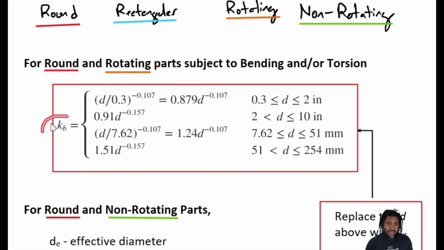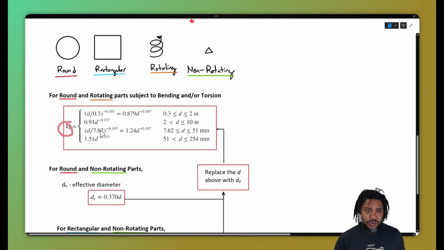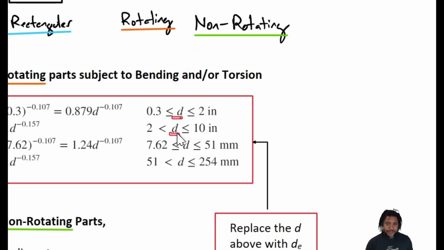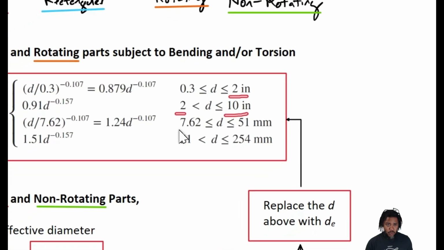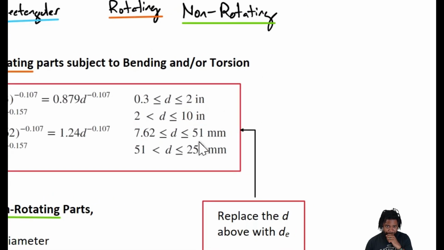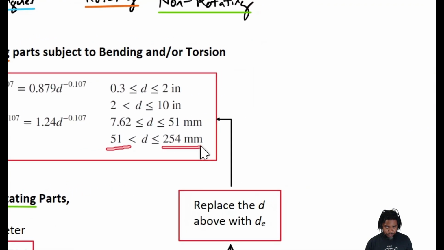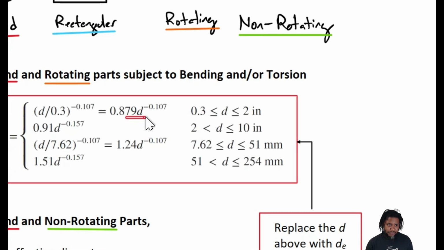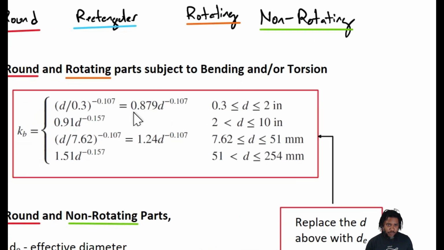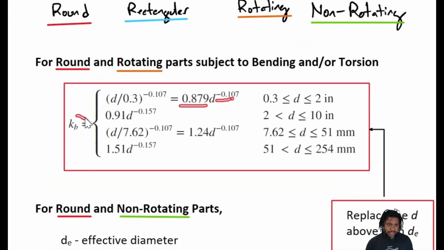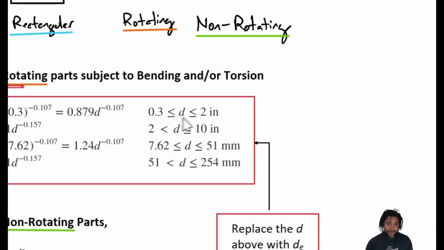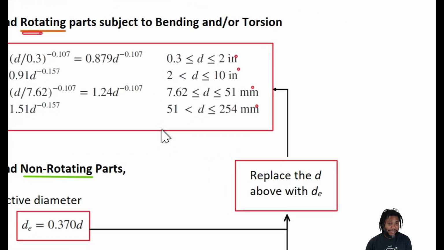In that case, the size factor KB is equal to these inequalities, where if the diameter is between 0.3 and 2 inches, 2 inches and 10, or 7.62 and 51 millimeters, 51 millimeters and 254 millimeters, then we simply put in the diameter of our part in the given units with these power exponents to calculate a KB term. So if it's round and rotating, what's the diameter? Choose one of these and apply it.